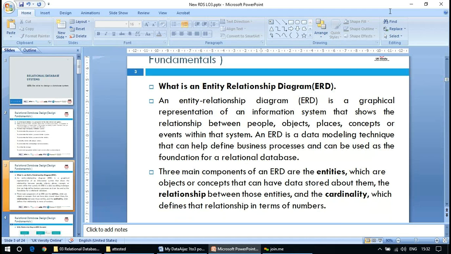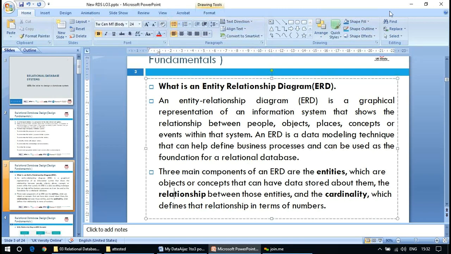The three main components of the ERD are, first, the entities. An entity would be a noun, which could be any object. Let's say student, teacher, college. They are the entities. Then there would be the relationships between them.